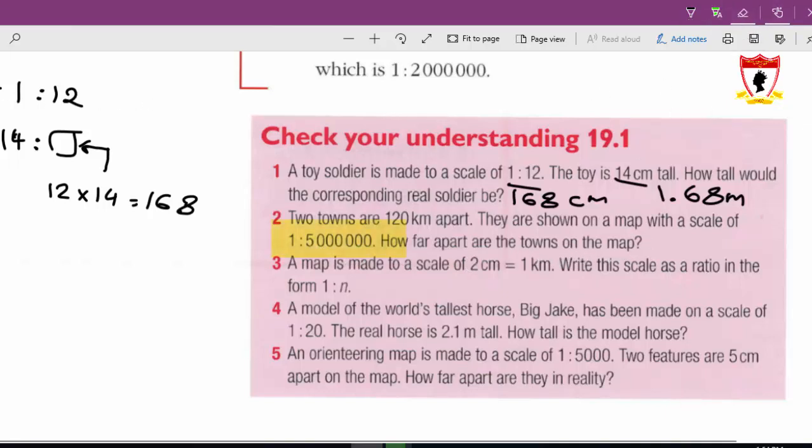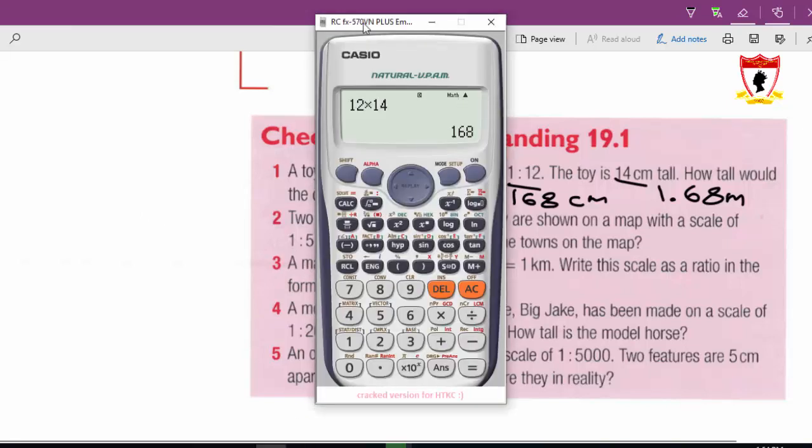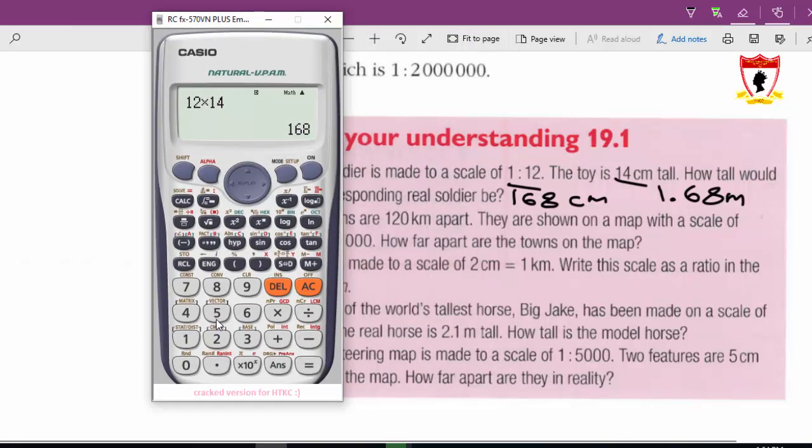So when you see a ratio like this, 1 to 5 million, it means 1 centimeter on the map represents 5 million centimeters in real life. So to make this more understandable, 5 million centimeters.